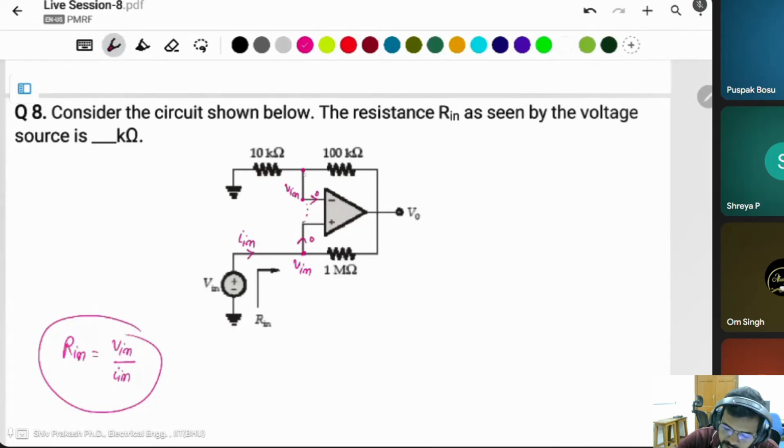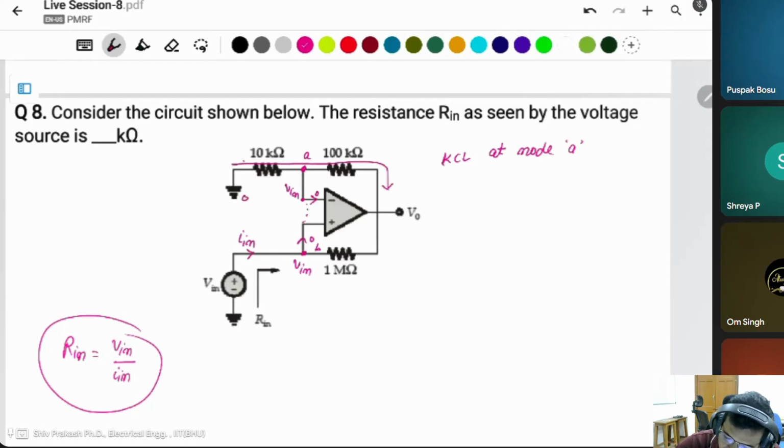We can apply KCL at node A and at node B. KCL at node A. This is 0, current is flowing like that. You can take the current flowing like that or like that; for reference, I have taken it like that.